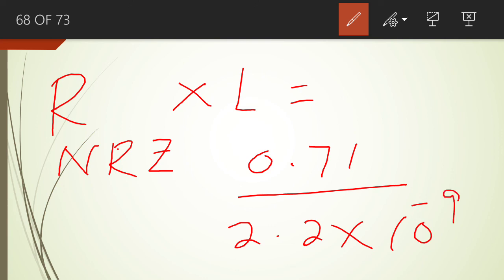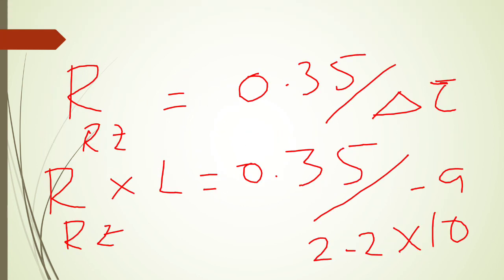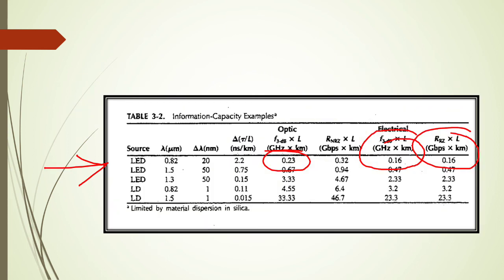And if we simplify this product, we get the answer in the table. You see here is the answer. We get 0.32 gigabits per second.